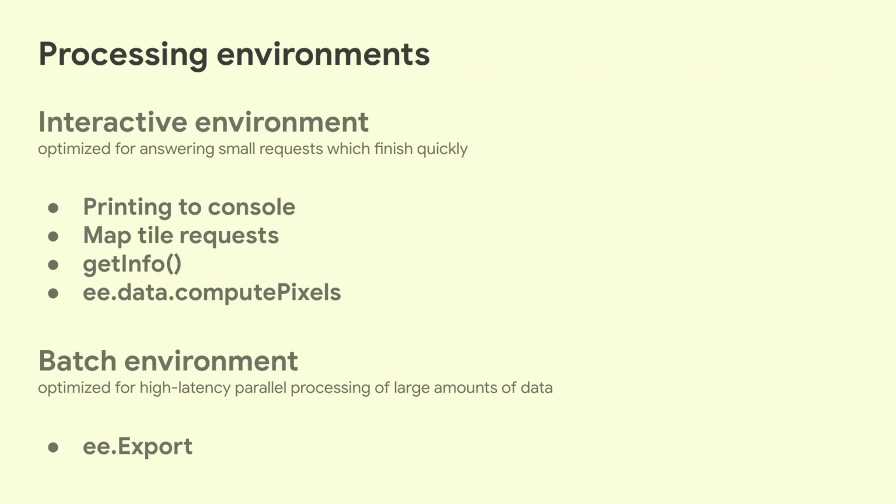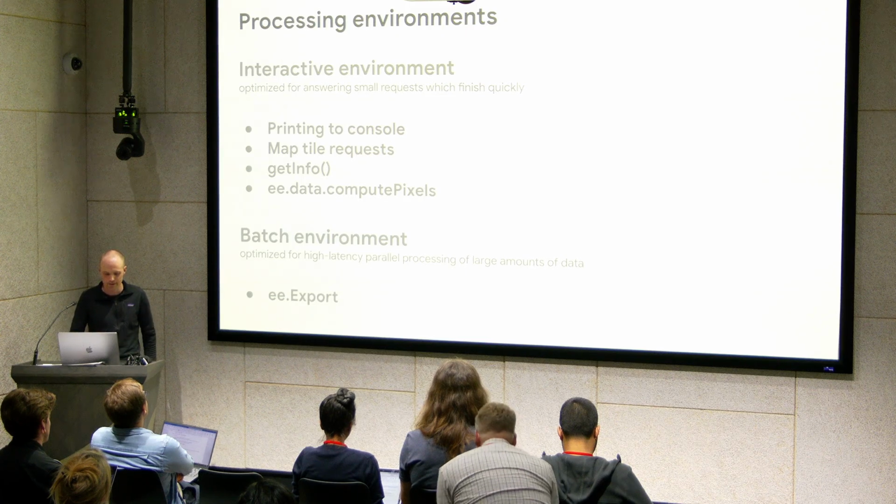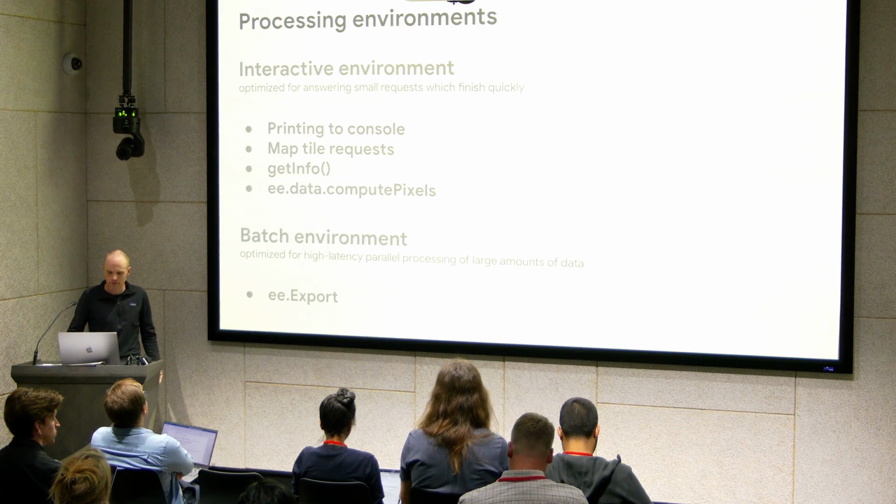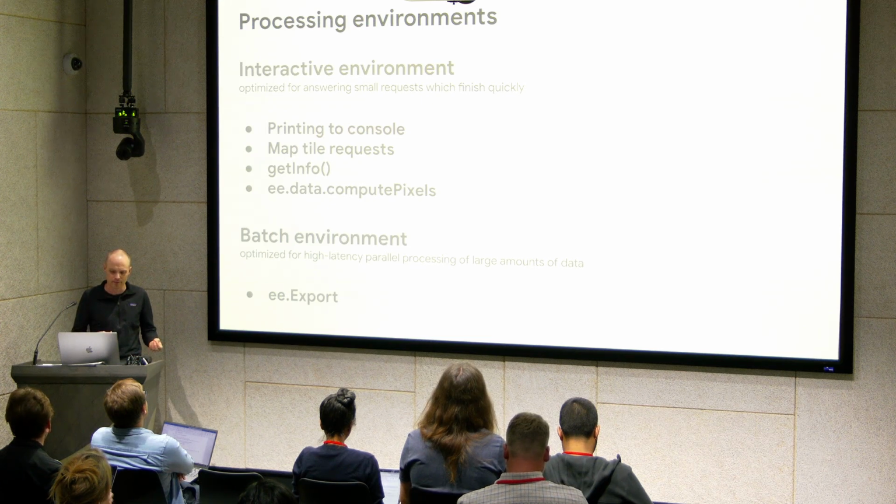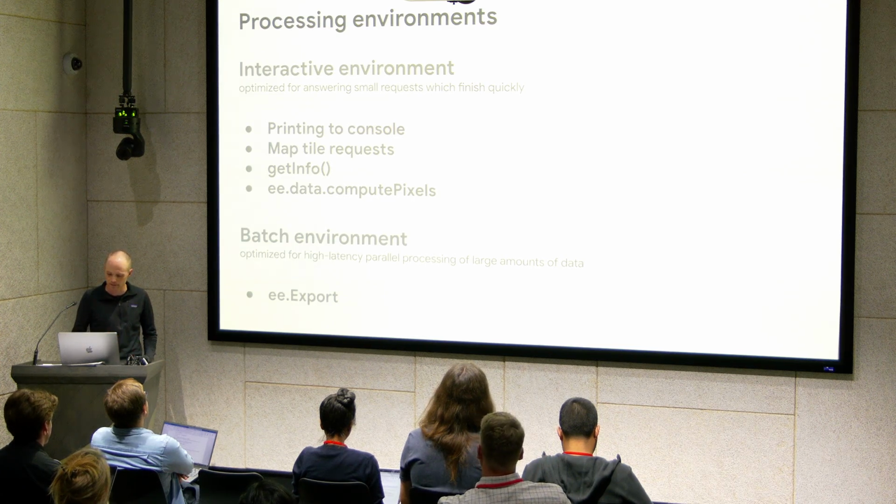And these both have different capabilities. The batch environment generally is able to handle tasks that might require more memory, but they might take a little bit longer. So just something to be aware of, the limitations of these two environments, particularly the interactive environment. You can't expect the world, but you do get the benefit of quick interactivity for kind of small things.